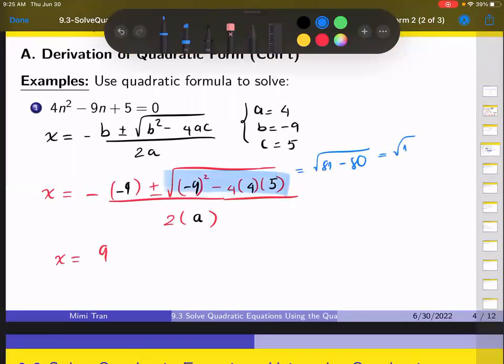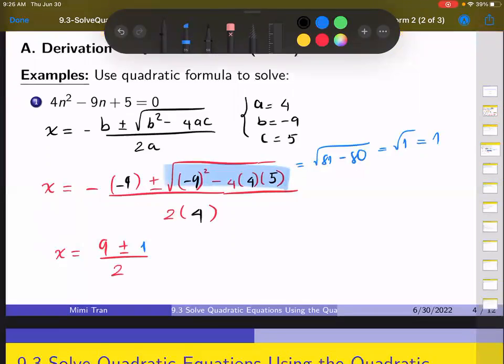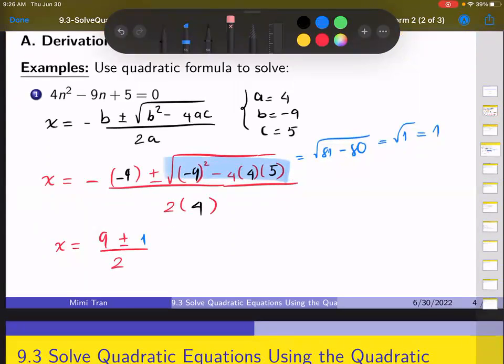So square root of 1. What's square root of 1? 1. Thank you. So 9 plus or minus 1 over 2. Oh, my bad. I should have replaced 2a with 8. Over 8.